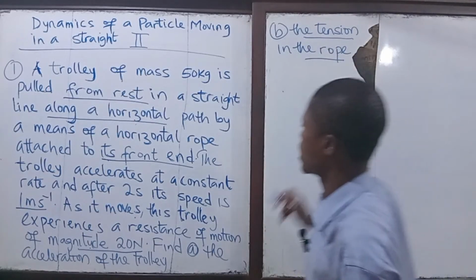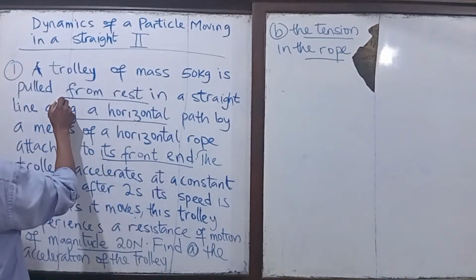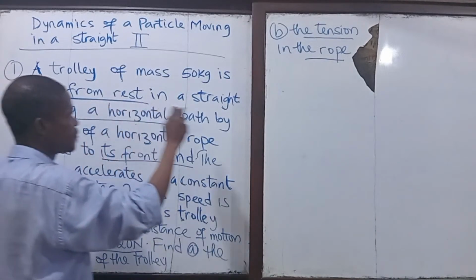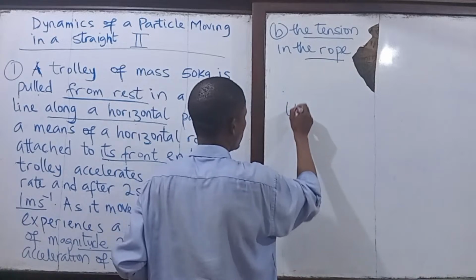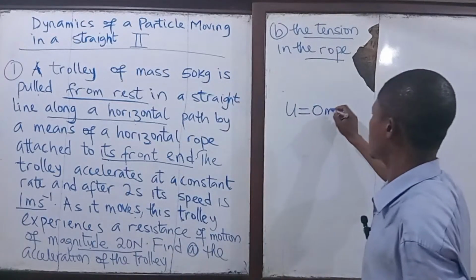Okay, so that's what we have. The first thing we have to note here is a trolley of mass 50 kg is pulled from rest. So from rest means the initial velocity will be 0 meter per second.